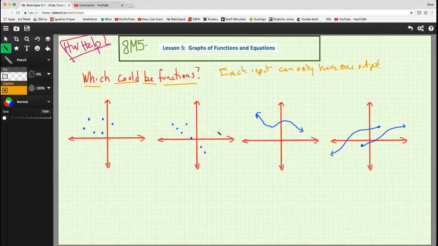So let's look at this first one. So you can pause and try. I encourage you to pause, think, try. And I'll label them 1, 2, 3, and 4. Okay.